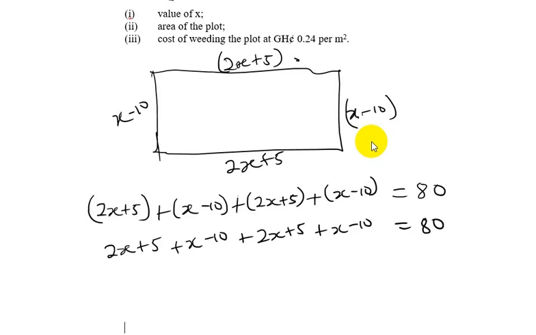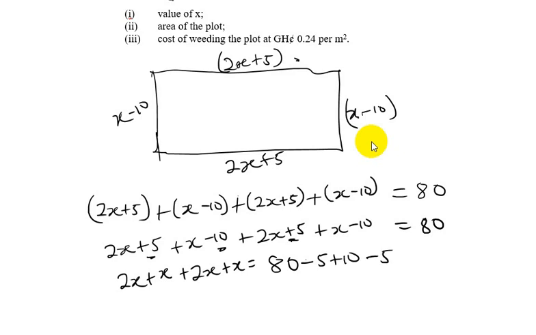Now let's group them. Let's send all the numbers to the other side and bring the letters here. So we get 2x plus x plus another 2x plus x equal to 80. Then we come here, plus minus 5 when it crosses, this one plus 10, then minus 5 again, and this last one plus 10.